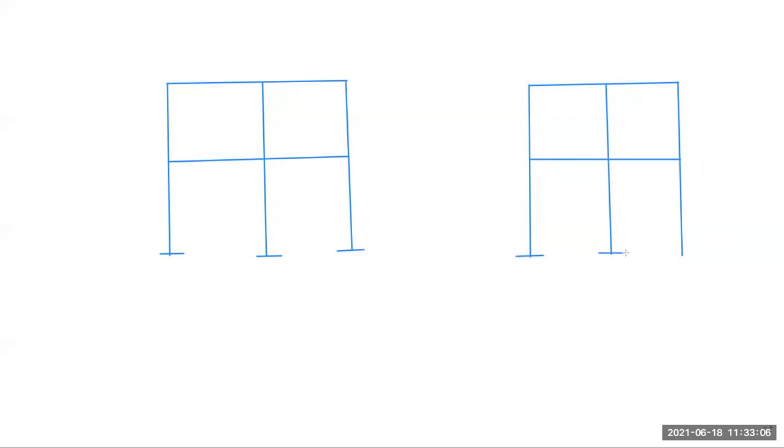Here also we provide a fixed support. Now the next diagram. This is another case. Here also we provide fixed supports. Now give a panel.